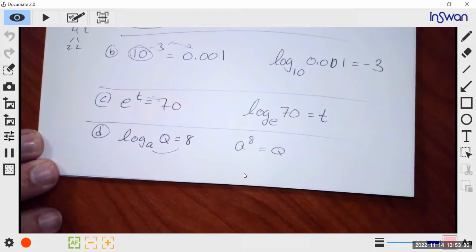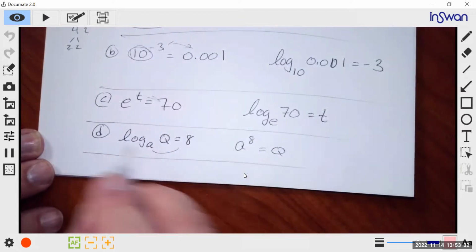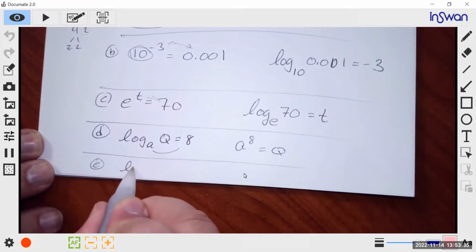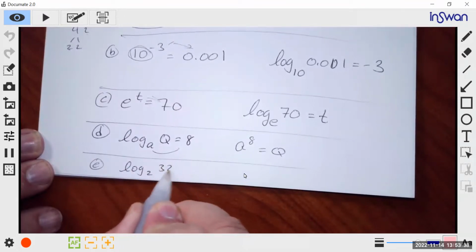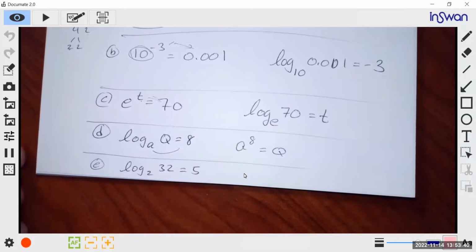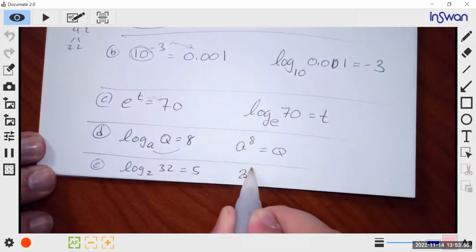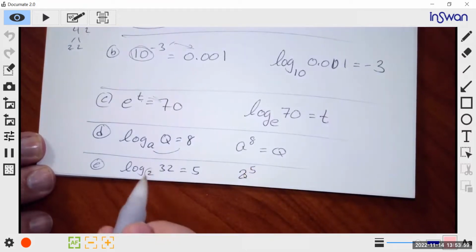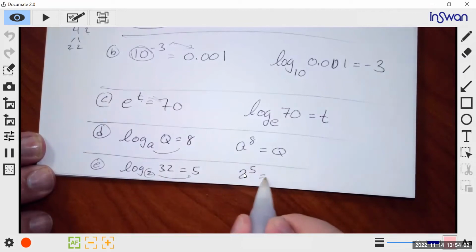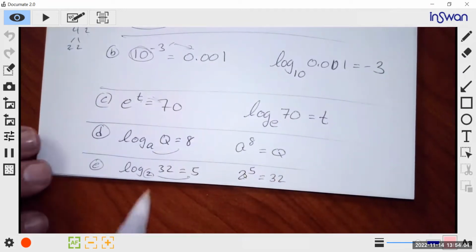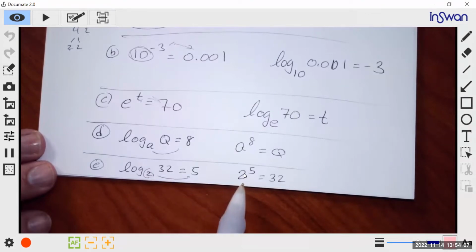Q. Log base 2 of 32 equals 5. So it's going to be what? 2 to the 5th. The base pushes up the answer, equals 32. If it's a base here on the log, it has to be the base in the answer.